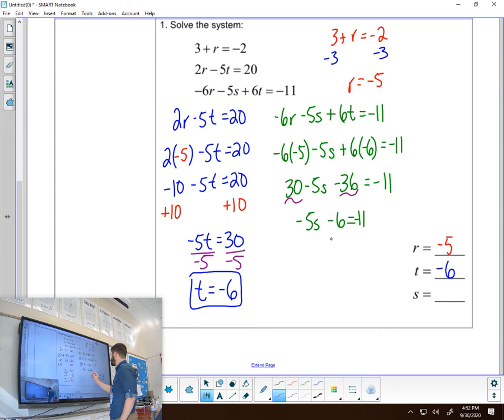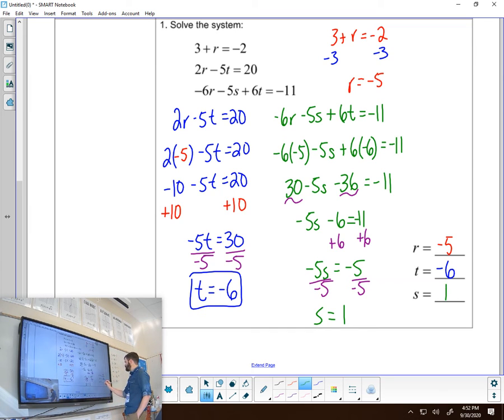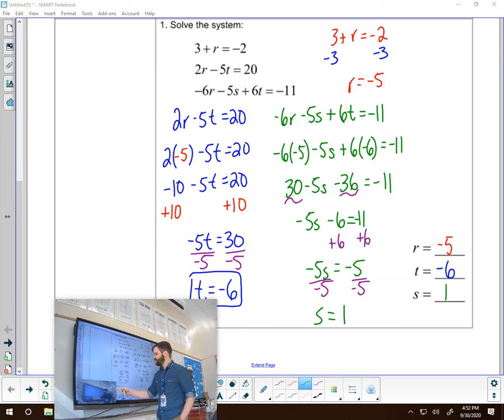Let's add 6 to both sides. So we'll get -5s equals -11 plus 6 is -5. Then we'll just divide both sides by -5, and my answer is going to be s equals 1. So there are my three answers. r equals -5, t equals -6, and s equals 1.